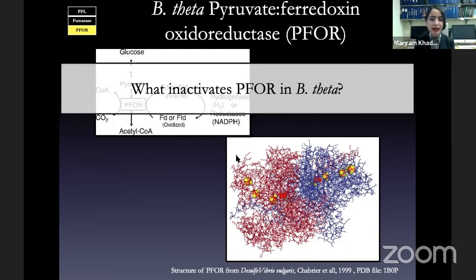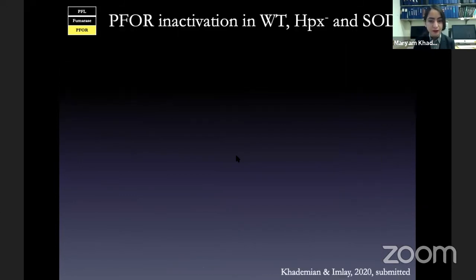What I have shown so far is that PFL is inactivated by oxygen. Fumarase is inactivated by superoxide. But what is not known is the ROS that inactivates PFOR. So this is what I tried to answer.